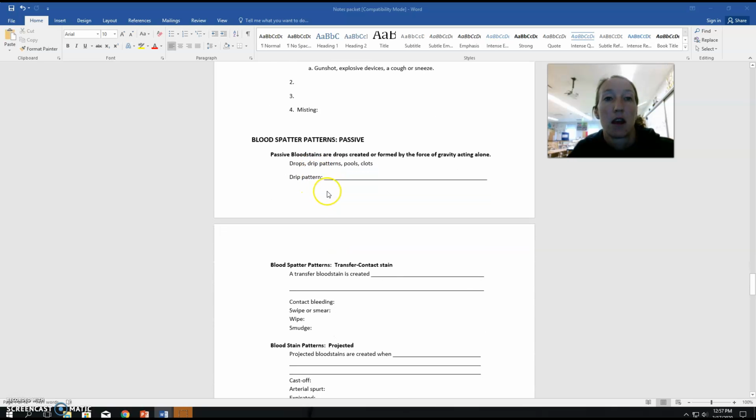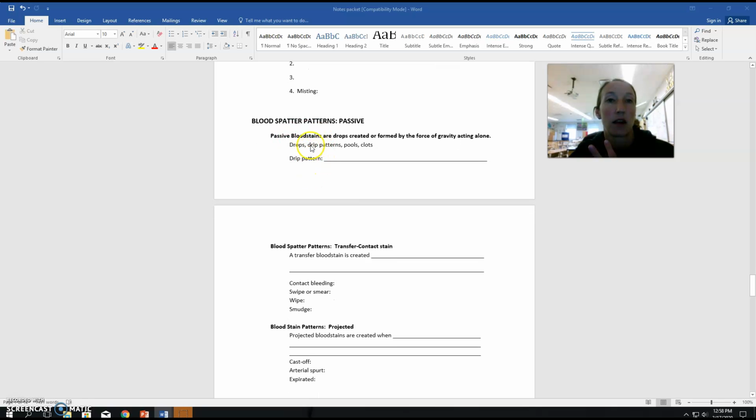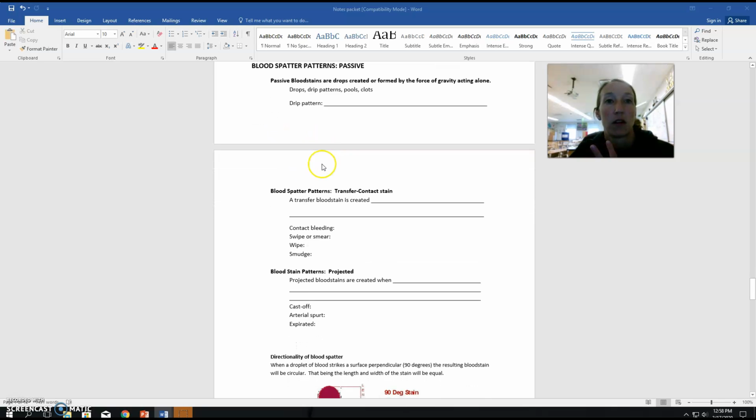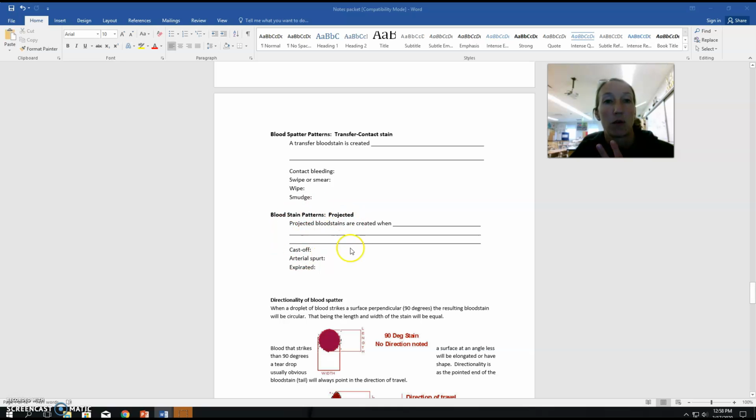Okay, so there are 3 categories of blood. You have passive, which means that gravity acted alone to cause it to fall. That's the only force acting on it. You have projected, which means gravity and another external force acted upon it. Here is our passive, and here's our projected, so an extra force acted upon it besides gravity.